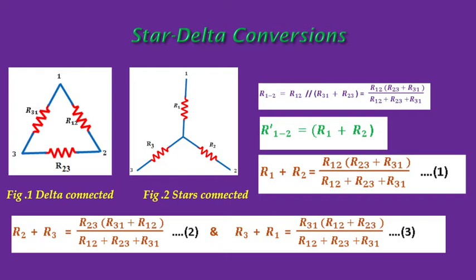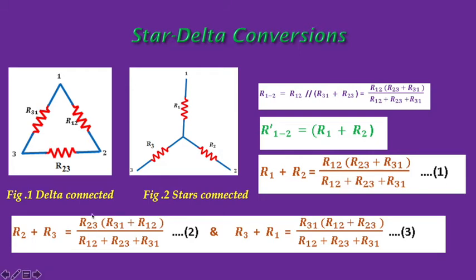If these two connections are equivalent, then the resistance value between any two terminals should be equal. So we can write R12 equal to R-12. Then we get this equation, that is equation 1.